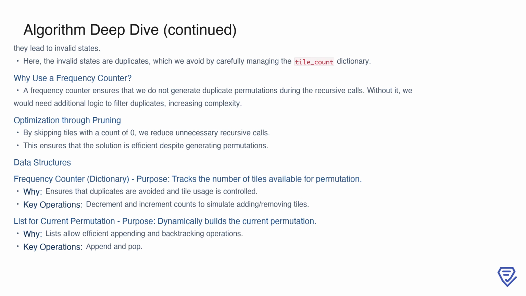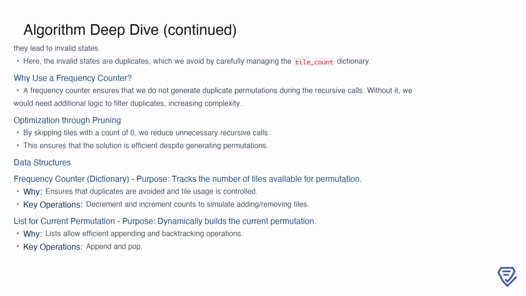The frequency counter is key to maintaining efficiency because it removes the need for post-processing to eliminate duplicates. Instead, we prevent them during the recursive process itself. By skipping tiles with a count of 0, we prune the recursion tree and avoid unnecessary computations. This optimization ensures that the algorithm remains efficient even as it explores all valid permutations.